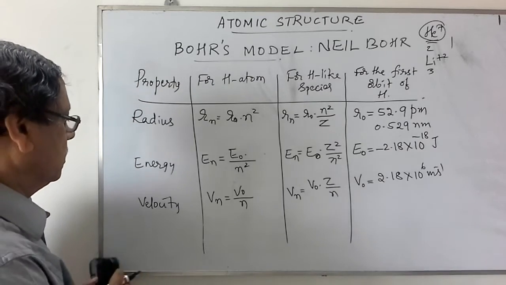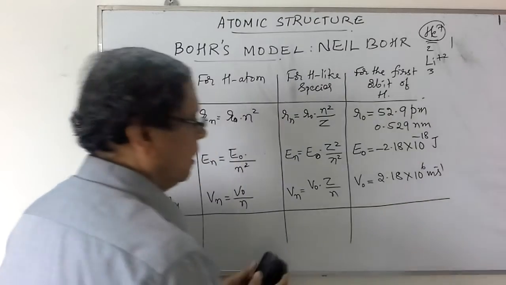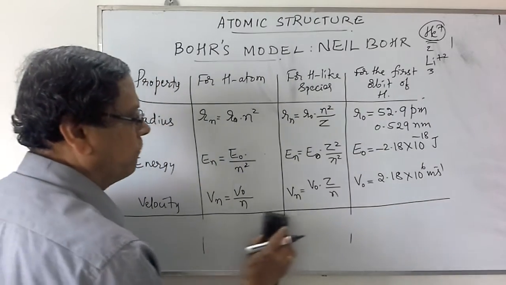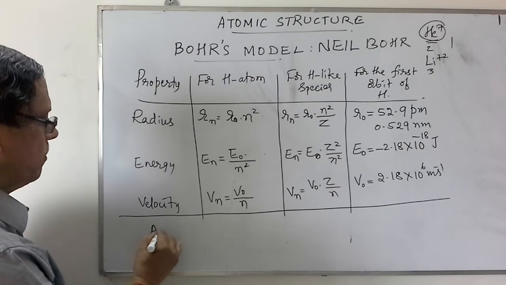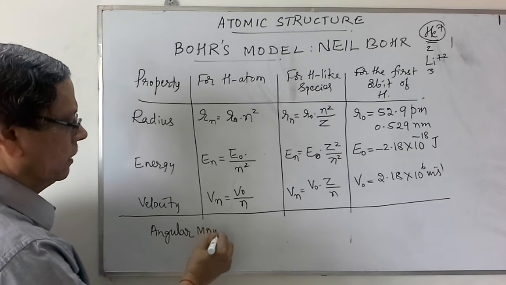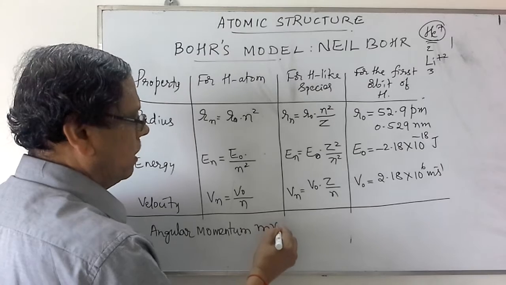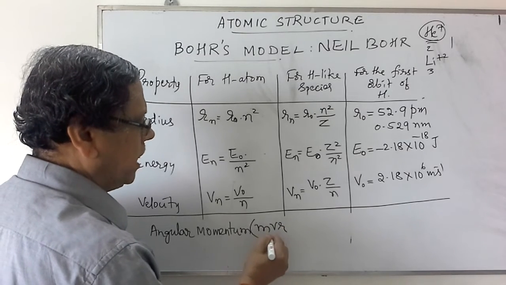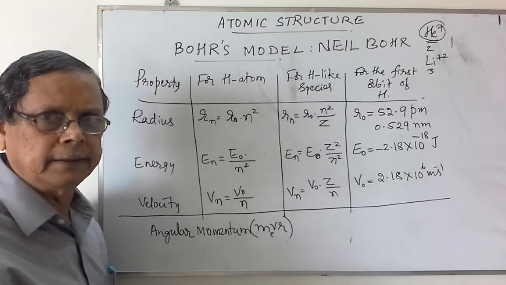Okay. So Bohr, based on his model, also gave the angular momentum, mvr, which I told you is the angular momentum of an electron in a particular orbit. This is mvr, where m is the mass of the electron, v is the velocity of the electron, and r is the radius of the orbit.